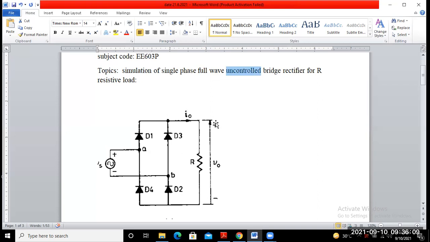Even when the thyristor is in forward bias, it does not conduct until we provide the gate pulse.